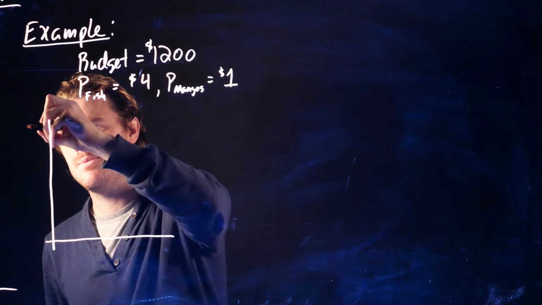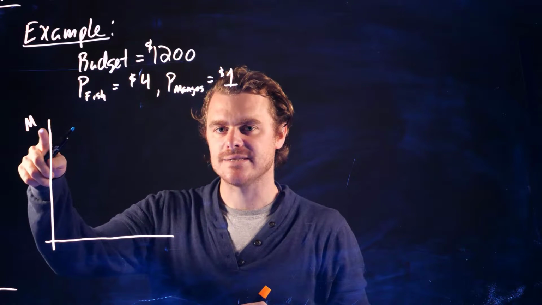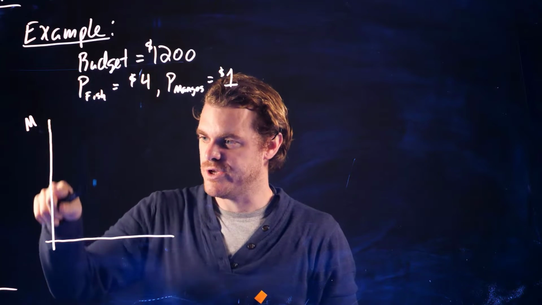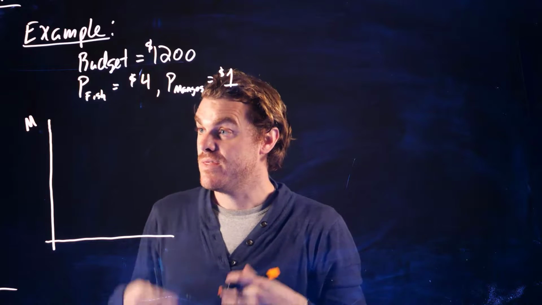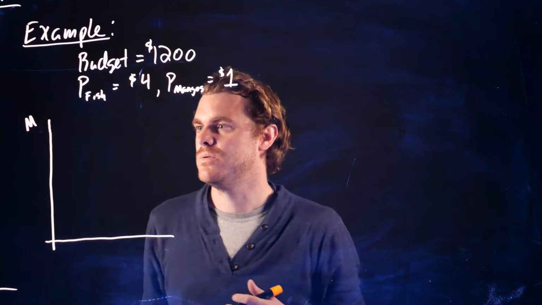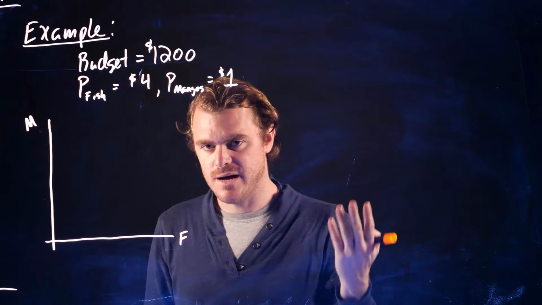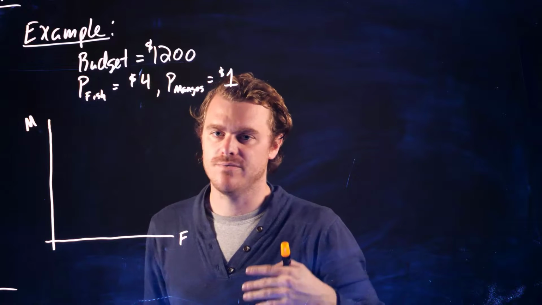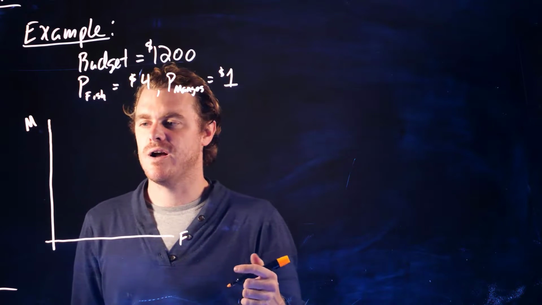So for example, let's say we have M for mangoes on the y-axis. The units here is the number of mangoes that Alex is purchasing or can afford. And on this x-axis is the number of fish that Alex can afford. Okay, and so then we can try out all the different combinations.